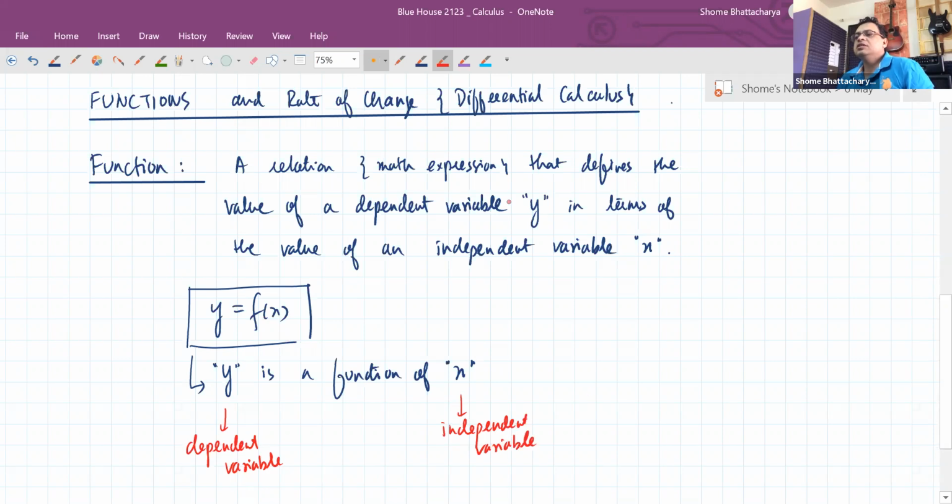So why we are calling these dependent and independent variables: the value of x can be chosen independent of the value of y. The value of x can be chosen or selected independently without any consideration to what is the value of y.